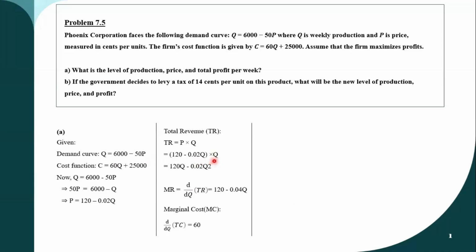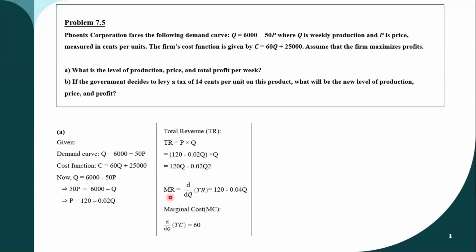After the multiplication, we see that TR equals 120Q minus 0.02Q squared. And if we need to find marginal revenue, then we have to differentiate total revenue with respect to Q, and then we can easily find marginal revenue.